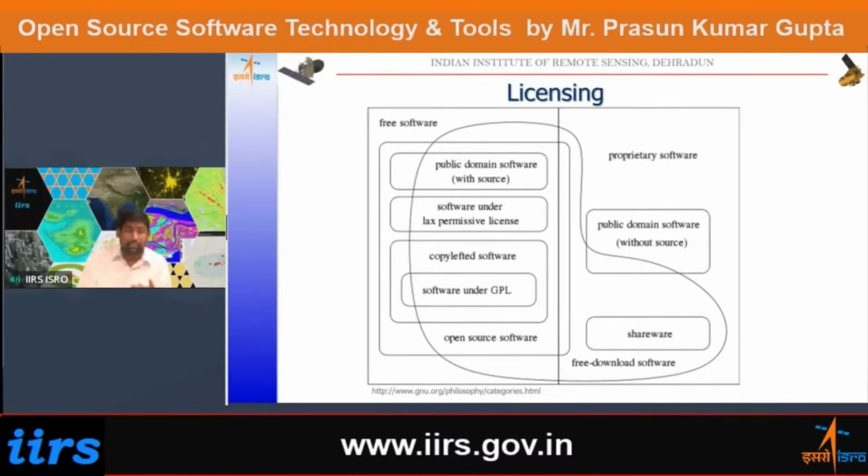You can sell it for a profit. So that is also an open source software, but it is under a different licensing regime. There are several other licensing terms. The broad categorization is GPL and LGPL. Then there is MIT, BSD, Python, Apache. These all have their own licensing terms.